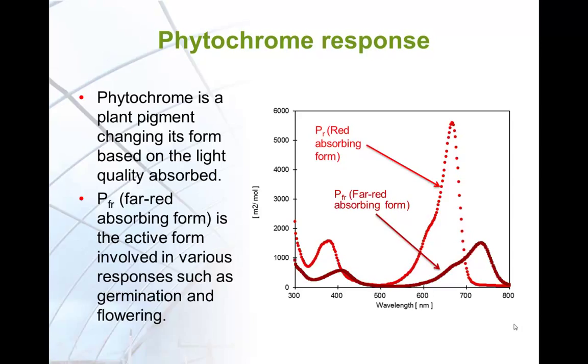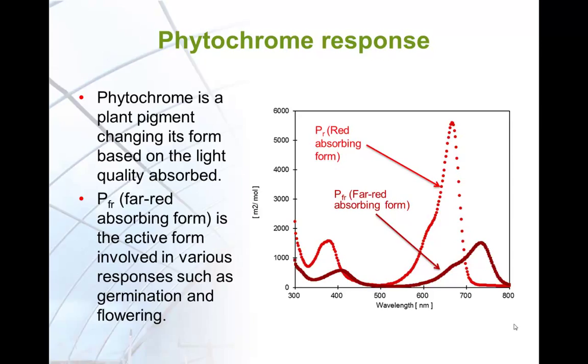Plants have different pigments other than chlorophyll, which is governing photosynthesis. And phytochrome is another plant pigment, changing its form based on the light quality. It has a very unique response, specifically responding to red and far red light. And red is the light between 600 to 700 nanometers.